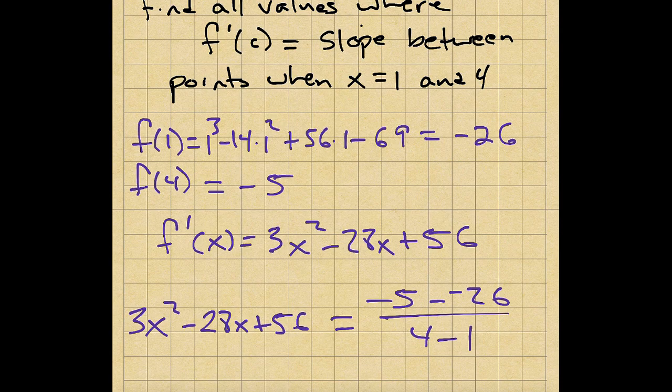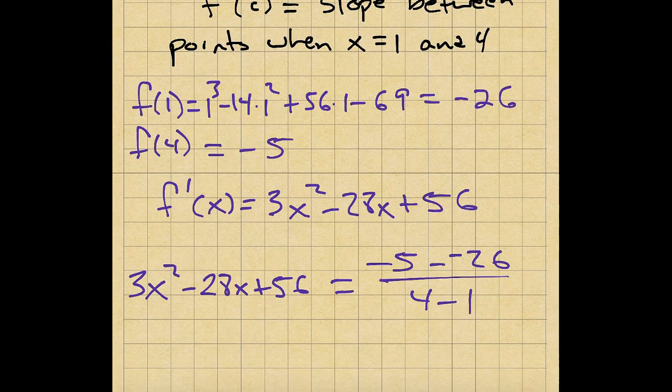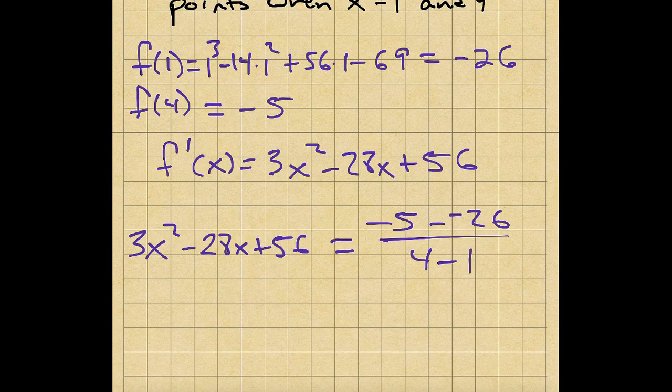You can do that calculation, and that turns out to be 7. So we know that 3x squared minus 28x plus 56 has to equal 7.